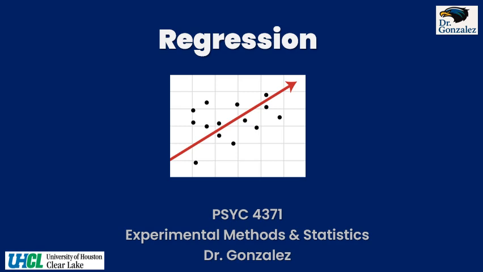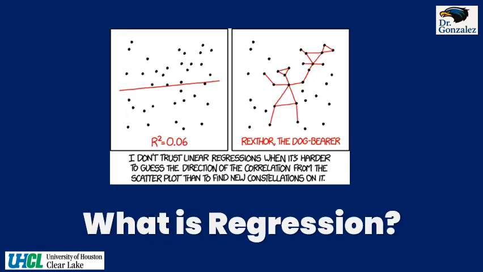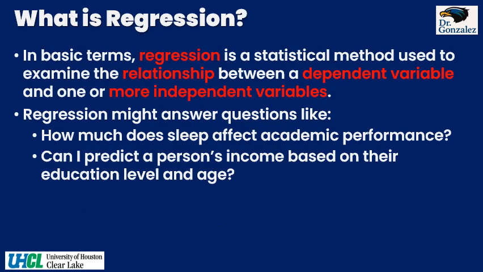So let's talk about regression. In very basic terms, regression is another statistical tool that we're going to use. Its purpose is to examine the relationship between a dependent variable and one or more independent variables.